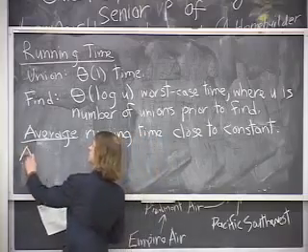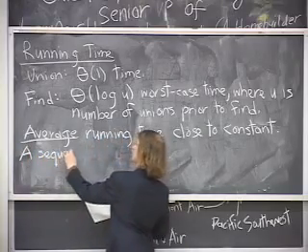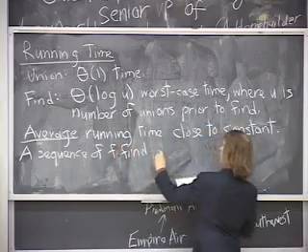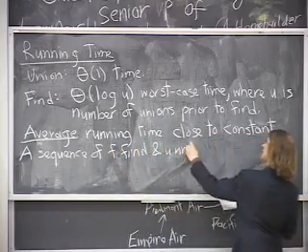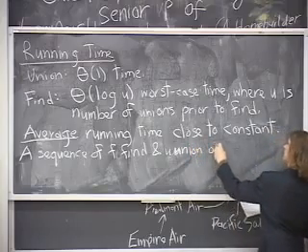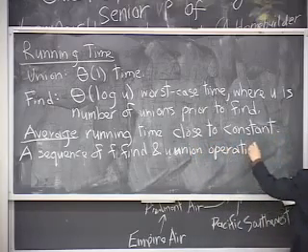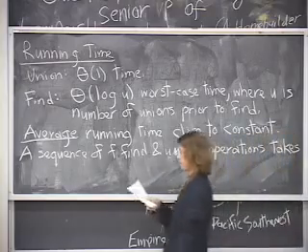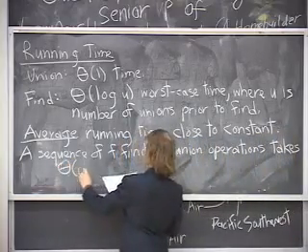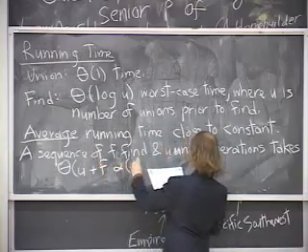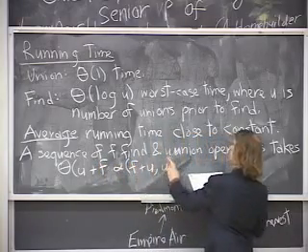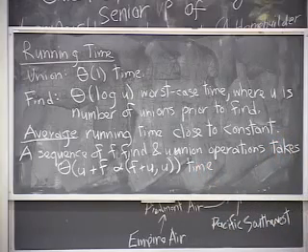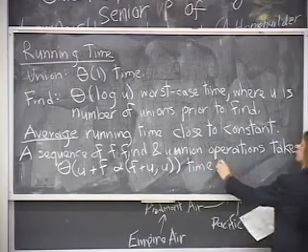And here's the facts. A sequence of f find and u union operations takes something called theta of u plus f times alpha of f plus u comma u time. What is that alpha? That alpha is something called the inverse Ackermann function.